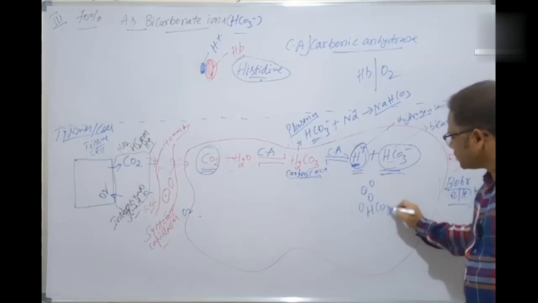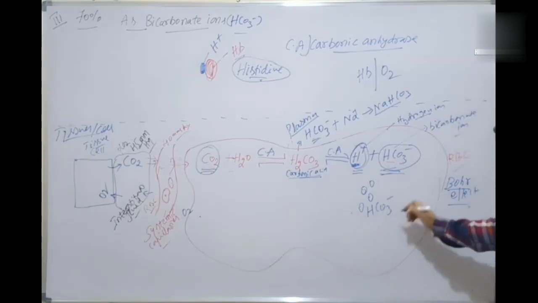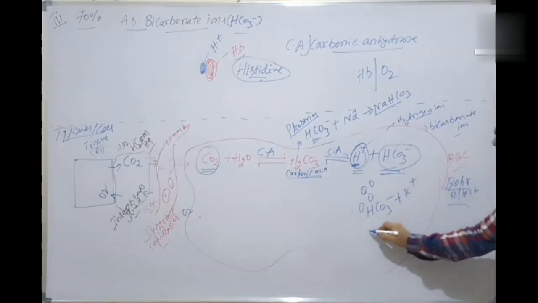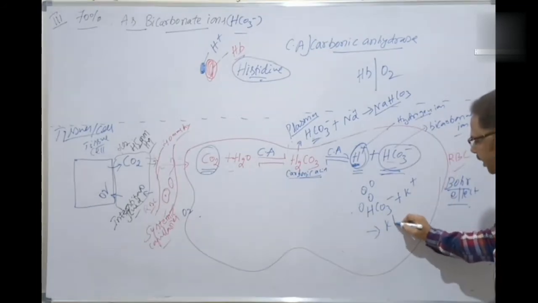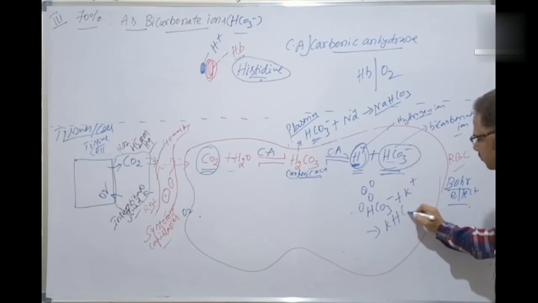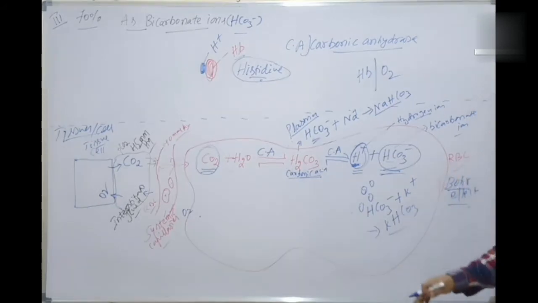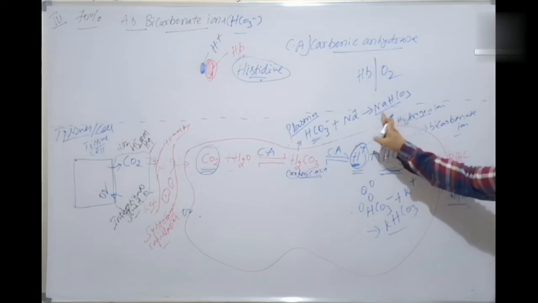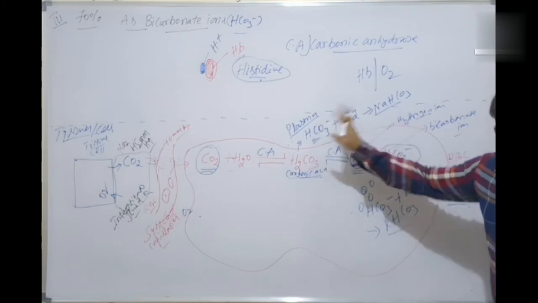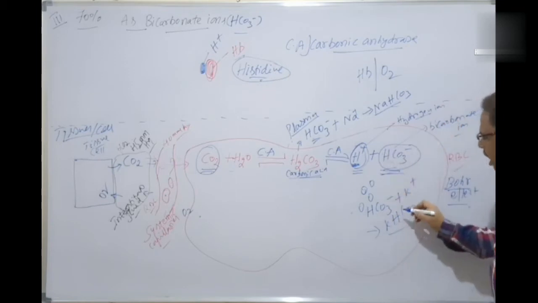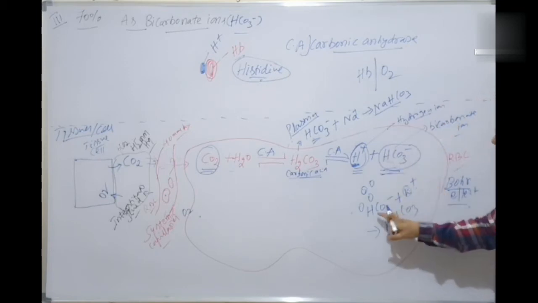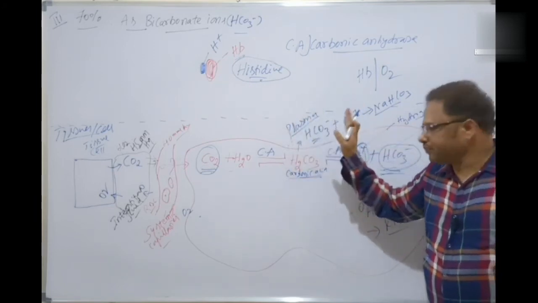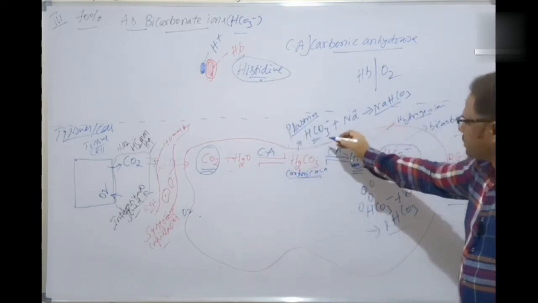They mix with the potassium ion to form potassium bicarbonate, KHCO3. Potassium bicarbonate is formed inside the RBC. Sodium bicarbonate is formed outside the RBC, in the plasma. Because high amounts of potassium are present in the RBC, whereas sodium is in the plasma. That's the reason. Now, what happens?